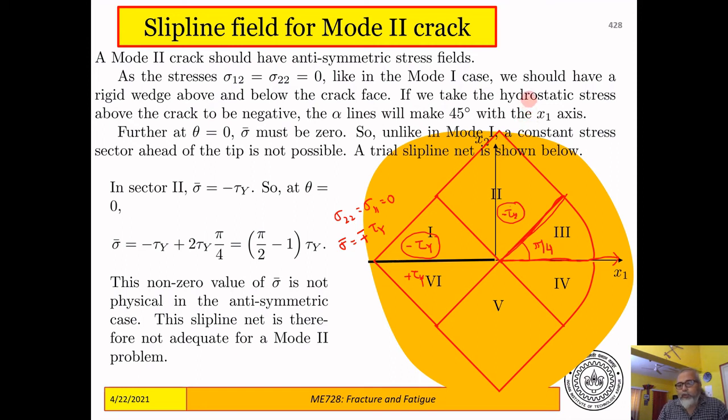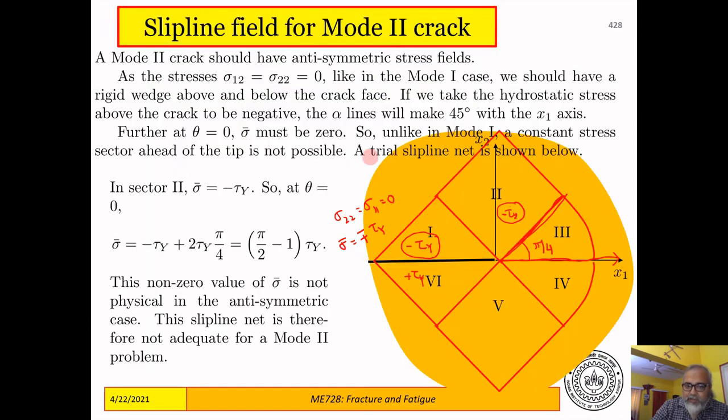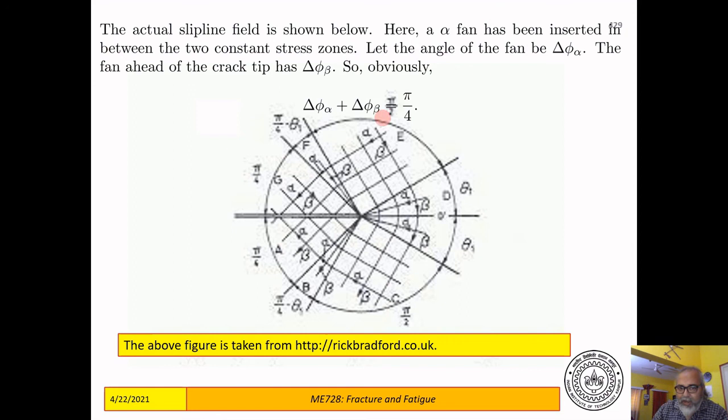What you have to do to make it work is add a small sector in between. You have to add a fan in between the two rigid regions, so that the change here and the change here together make the mean stress equal to zero on this line.